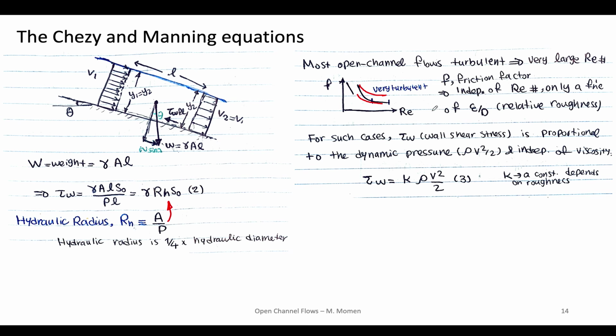So here we can say this is going to be only dependent on the dynamic pressure and roughness of your channel, right? So the wall shear stress tau W, we can write it as K times rho v square over 2, the dynamic pressure, where K is a constant which depends on the roughness of your channel, okay? So this is an assumption I can make for very large Reynolds number flows for this type of open channels.